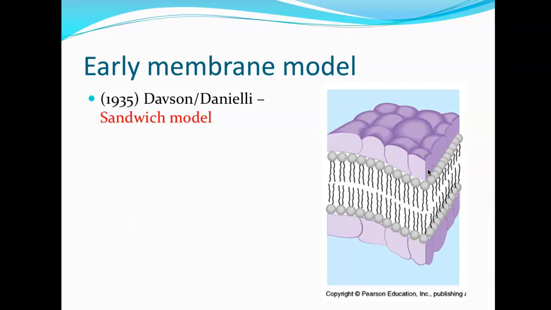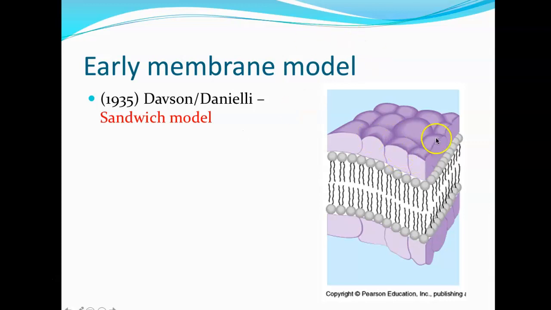Right, so the early membrane model. Sometimes I don't like to show what was the wrong idea, but it's important to see what the history was in trying to determine what the cell membrane actually looked like. So I'm showing you something that's wrong. That's why I said wrong, really big with a bunch of exclamation points. Davson and Danielli thought that the cell membrane was like a sandwich.